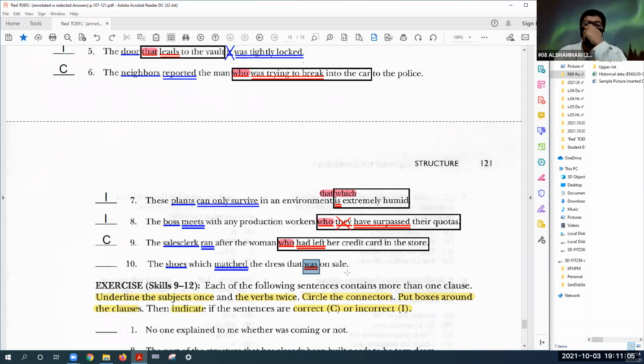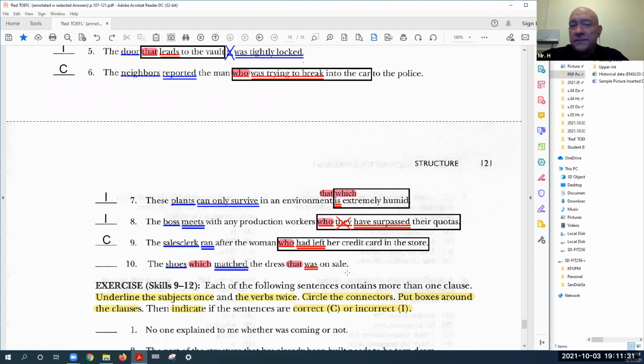So how do we fix this? How many connectors do we have? That and which? Yeah, we have two connectors. And what about subjects? The dress is the second subject.